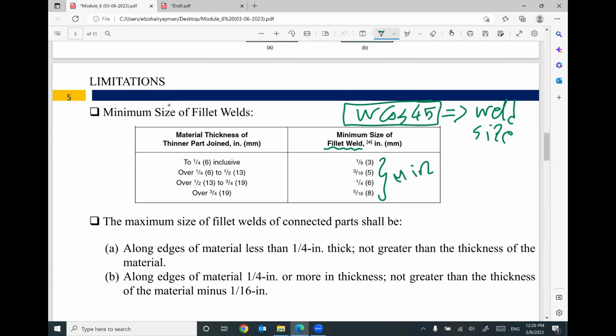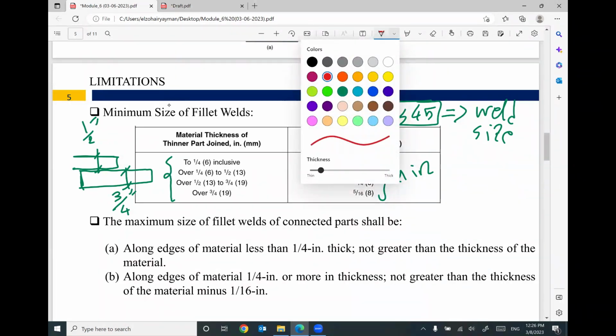Which one am I going to use? This one or this one or this one or this one, based on the thickness of the plates you are connecting together. For example, if we have this plate with thickness 1/2 inch, and we have this plate with thickness 3/4 inch, we need to connect the two plates together.